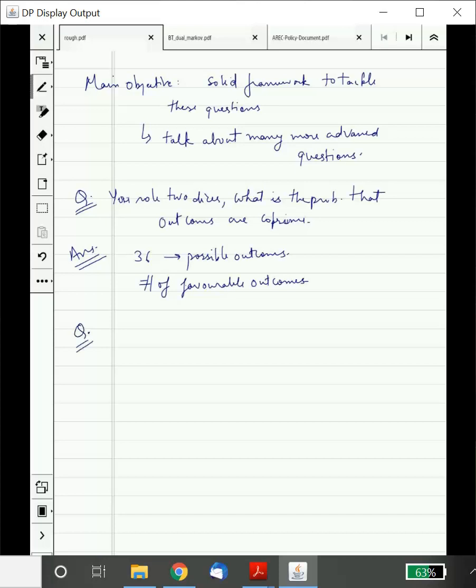So let's talk about this question. Suppose you have a circle and let's take an equilateral triangle inside this circle. Pardon my drawing. We will assume that ABC is an equilateral triangle. So all the sides are equal, angles are 60 degrees. Now you draw a random chord.